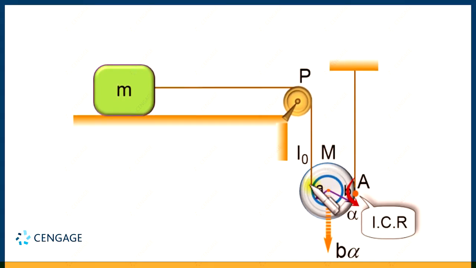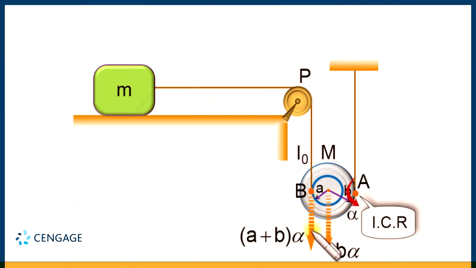Similarly, say this point is point B. This point B is at a distance from the instantaneous center of a plus b. This is a and this is b. So, the radius of rotation will be equal to a plus b. Angular acceleration is alpha. That means the acceleration of this point B will be in the downward direction and of magnitude a plus b multiplied by alpha.